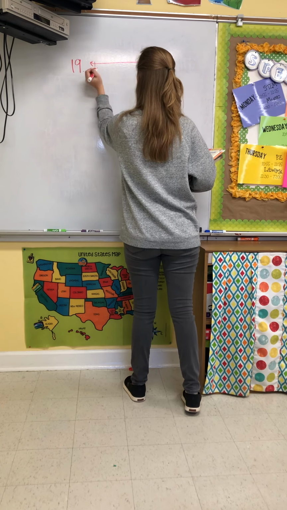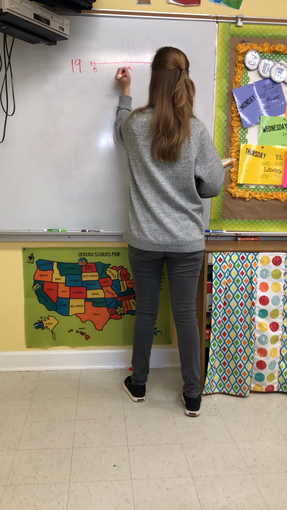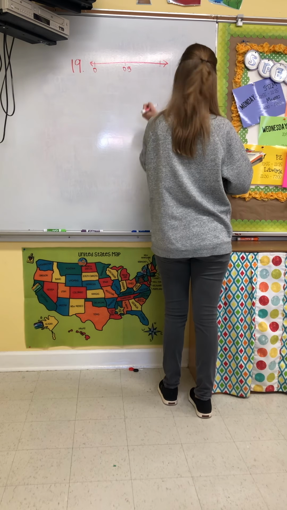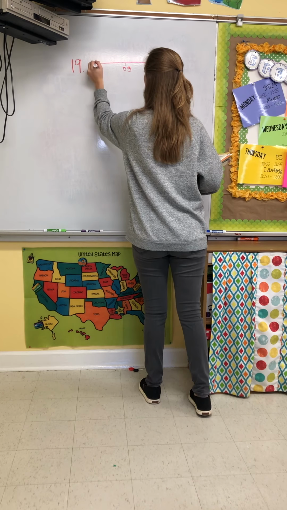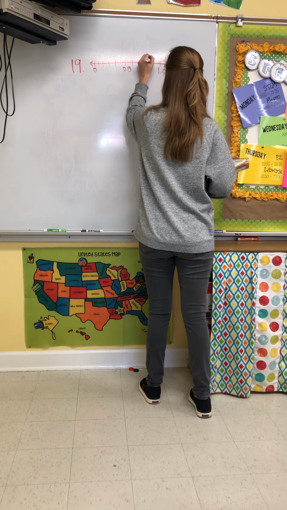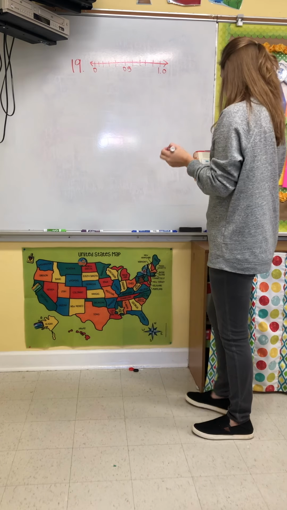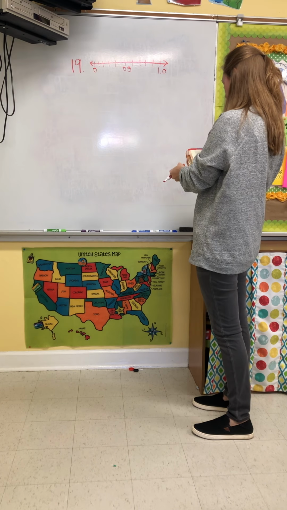Alright. 0, 0.5, and then whole number 1. Okay. So it says, to what decimal and fraction is each arrow pointing?